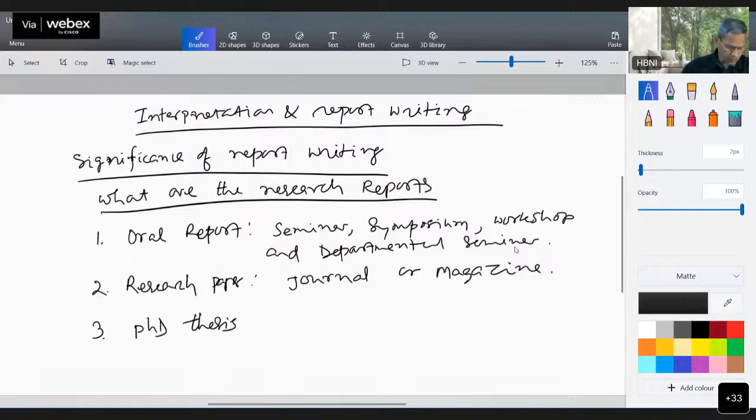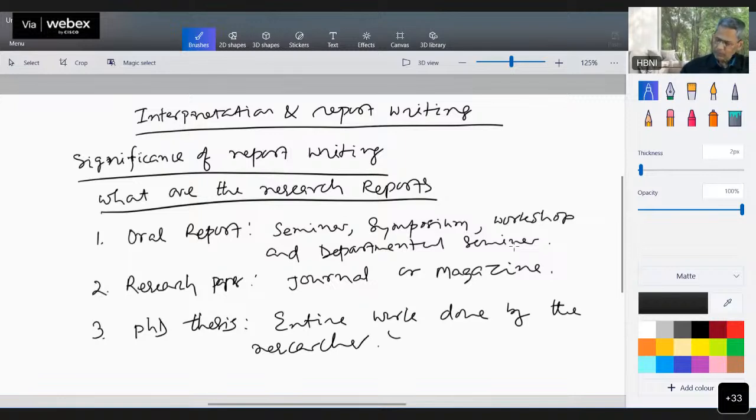This is a report of the entire work done by the researcher, and it is submitted to a university or institute.